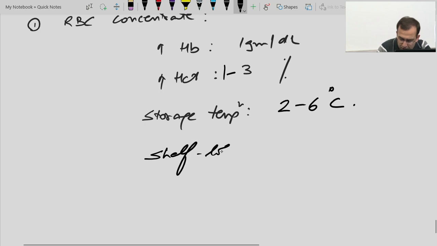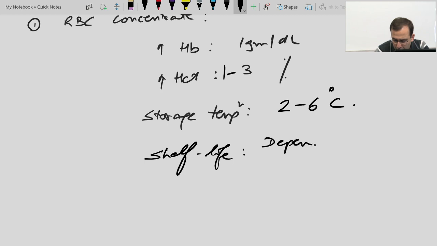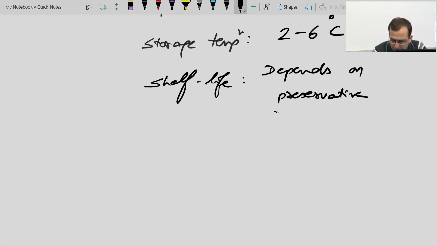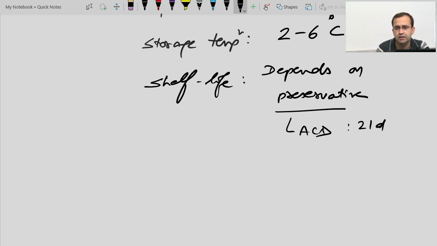Next point, shelf life. It depends on the preservative used. What do we mean by this? There are 4 main preservatives. ACD, that is acid citrate dextrose, whose shelf life is 21 days. Next, CPD, citrate phosphate dextrose, which is 28 days.